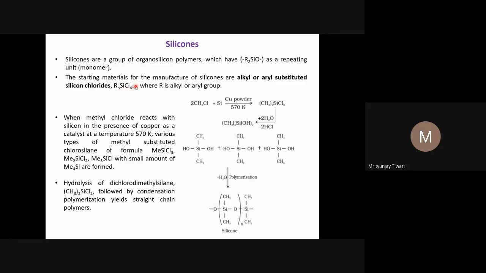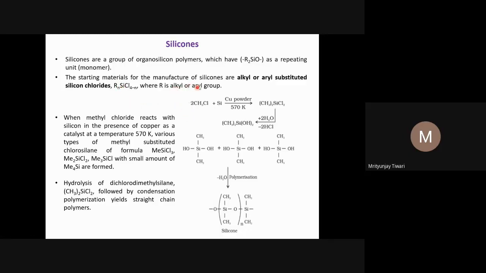But if n chlorides are replaced with R groups, to keep the valency of silicon at 4 you have to remove n chloride groups. So it is RnSiCl4-n, so that n plus 4 minus n remains 4, because silicon shows only 4 covalency.